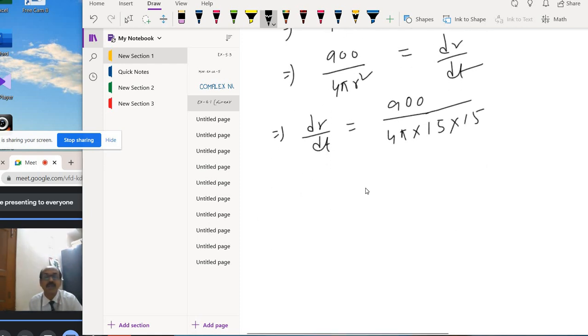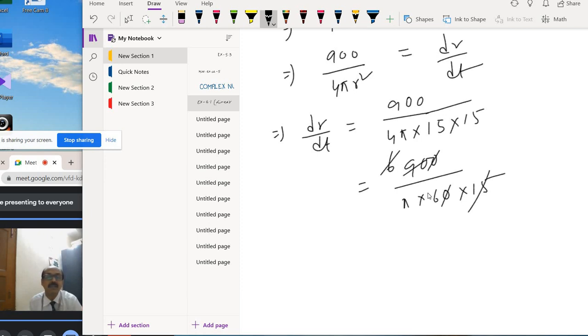Now 4 into 15, it is 60. So 900 by pi into 60 into 15. Okay, 100 cancel, and 15 into 90, 6, then 6 cancel.